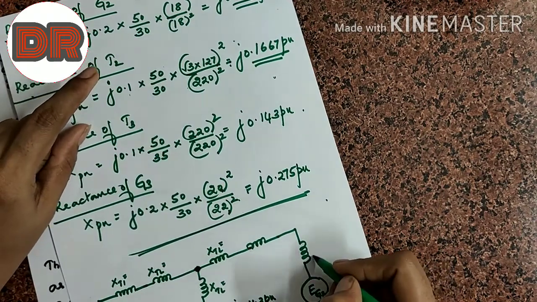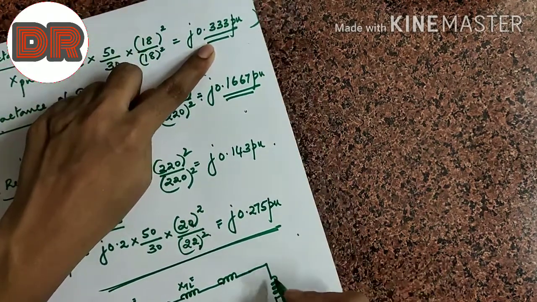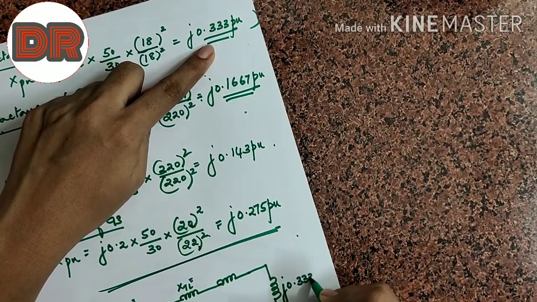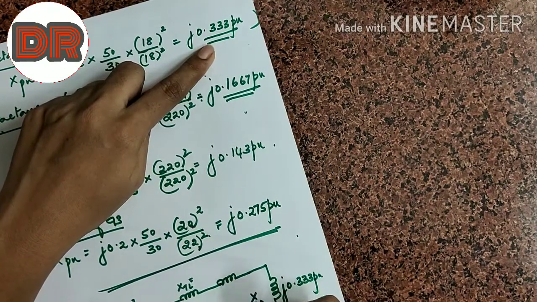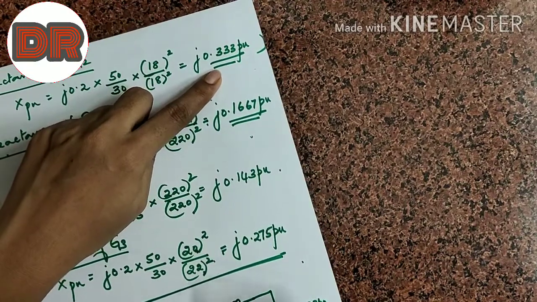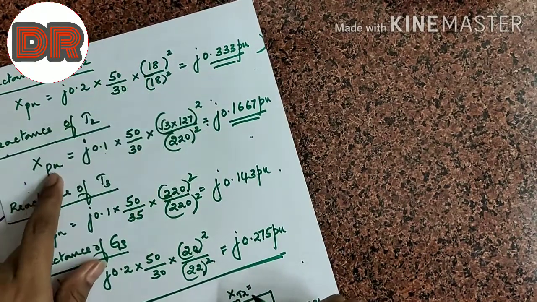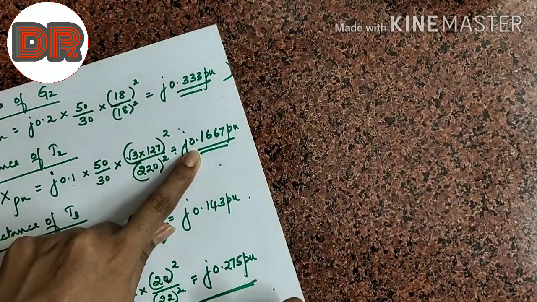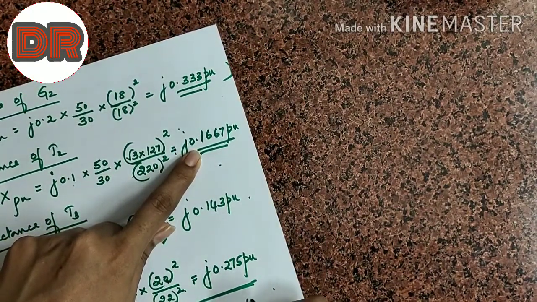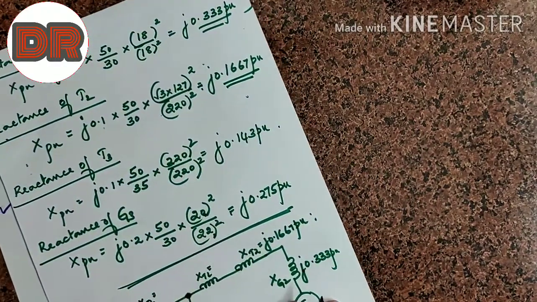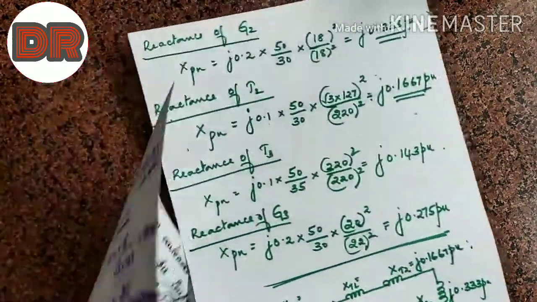This is for G2. So generator G2, its reactance is J0.333 per unit. This is Xg2. This is for Xt2. So this is Xt2. For Xt2, it is J0.1667 per unit.